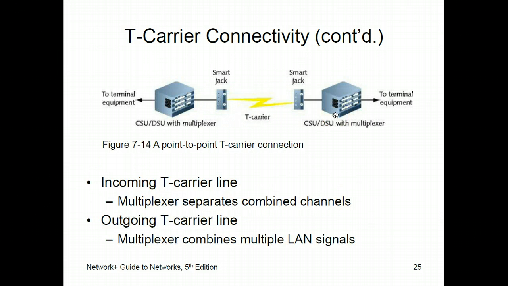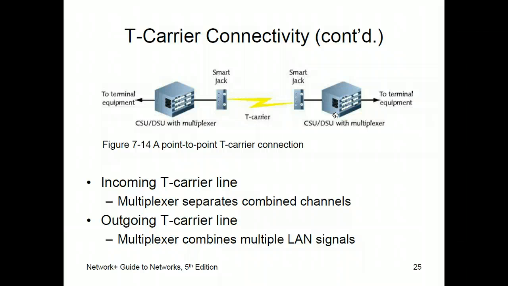So you've got your smart jack, which is built on the building's internal wall somewhere generally. And then the multiplexer can be within that same area, generally within say 100, 150 feet. Or I've even seen these multiplexers blocks away from that location in a box for other businesses that connect to this multiplexer as well.